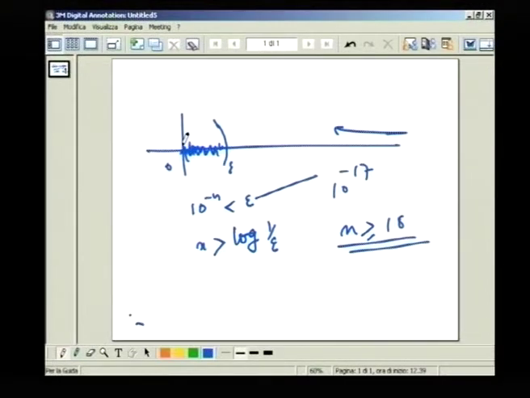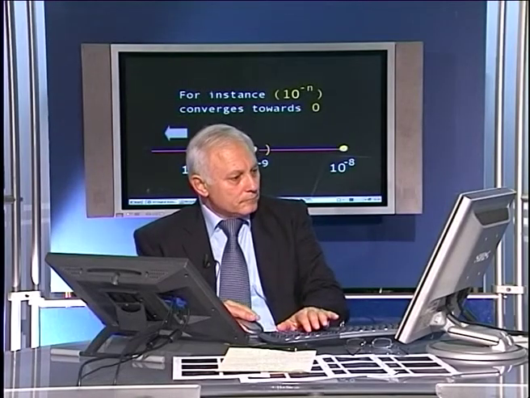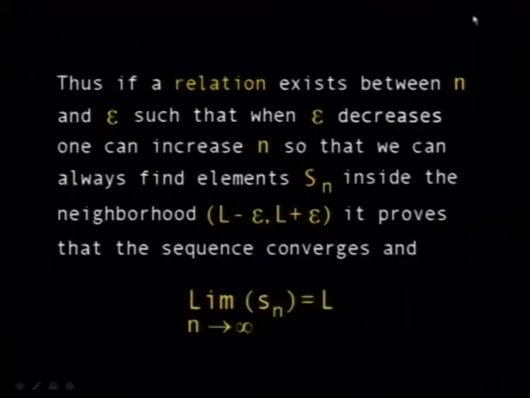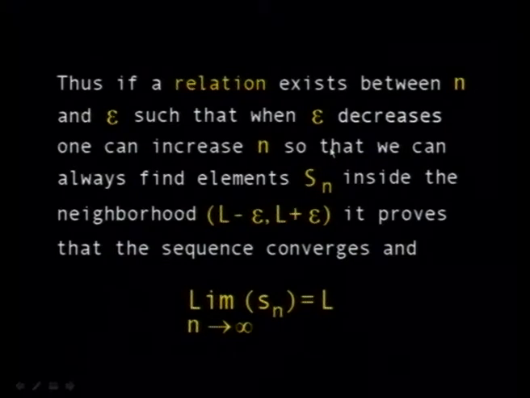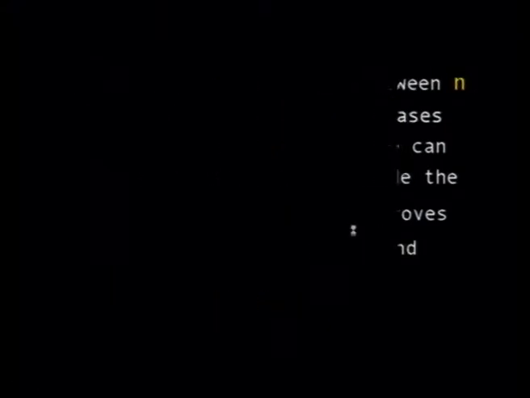So you say that the point 0 is the limit of this sequence. Thus, if a relation exists between n and epsilon, such that when epsilon decreases, one can increase n, so that we can always find elements a_n inside the neighborhood L minus epsilon, L plus epsilon, it is proved that the sequence converges and that the limit is equal to L.